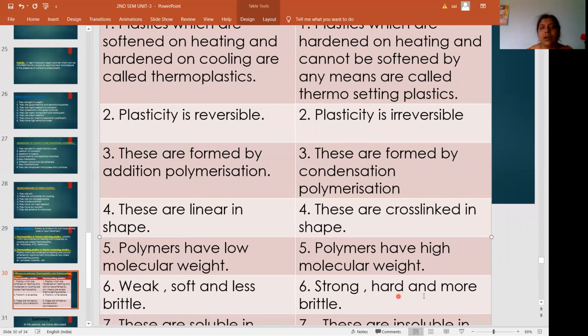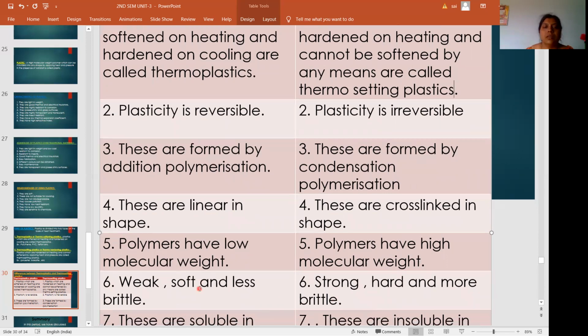Thermosetting plastics are strong, hard, and more brittle. Brittle means easily breaks. Less brittle means they do not break easily. More brittle means they break easily. They are hard in nature, that's why they break easily. They are soft in nature, so they do not break that easily.